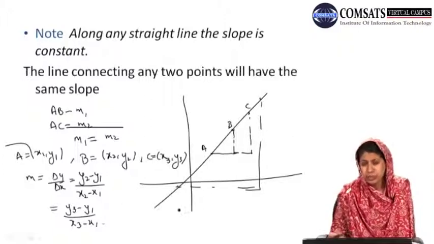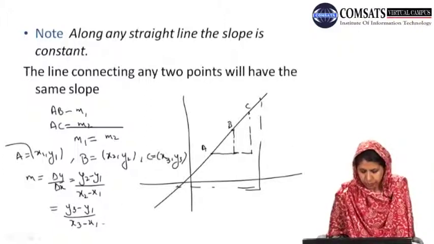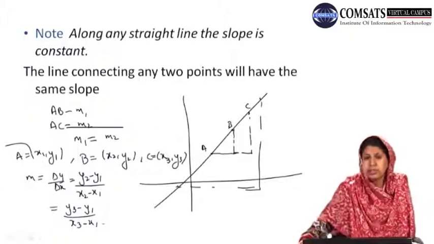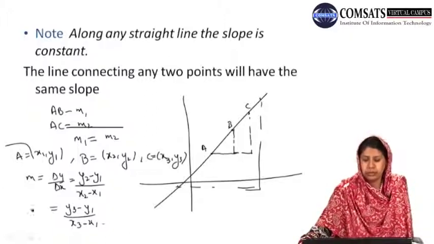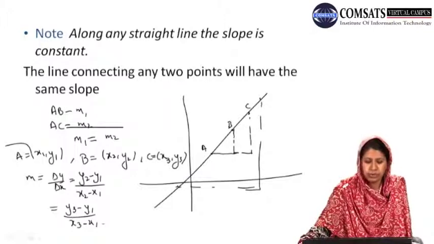So by picking any two points on the line, we can find the slope of that line, and it will be the same for any choice of points.